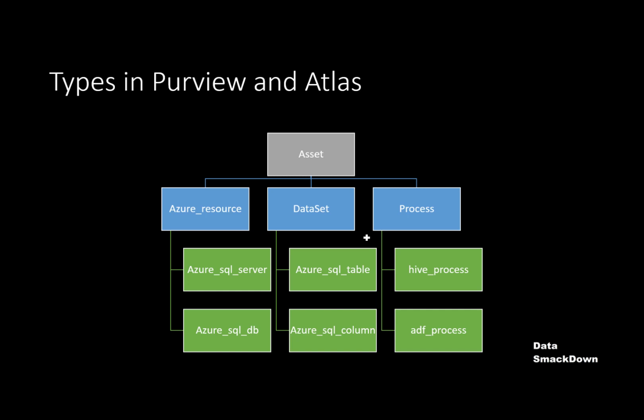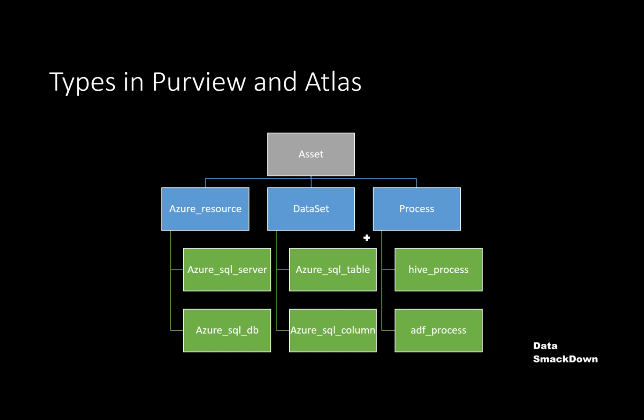With that being said, I can also go back even further up the chain, right? An Azure SQL DB actually is not created by itself in isolation. It references an Azure resource. The Azure resource type is essentially the super type or the parent type of an Azure SQL DB.